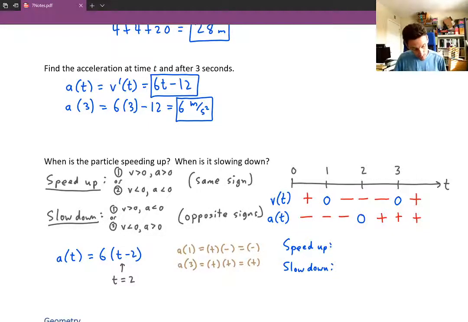So it's speeding up when there's the same sign, that's t equals 1 to t equals 2, and t greater than 3. And then slowing down when they have opposite signs, that's t between 0 and 1, and t between 2 and 3.